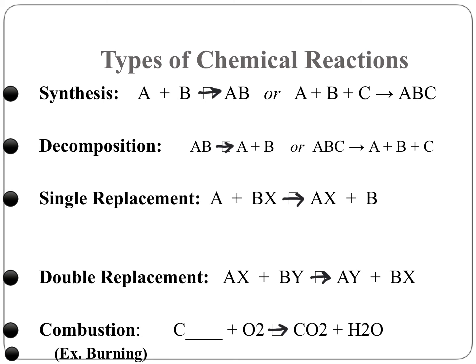So for synthesis, A plus B, making AB is to represent the general shape, I would say, or makeup of this reaction. So for synthesis, A plus B, these would be single elements. All right, and together they're going to make AB, which would be a compound.